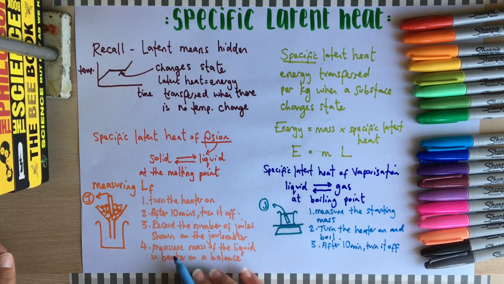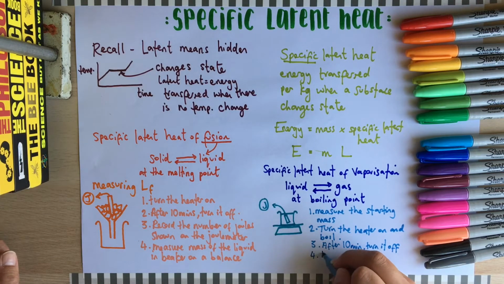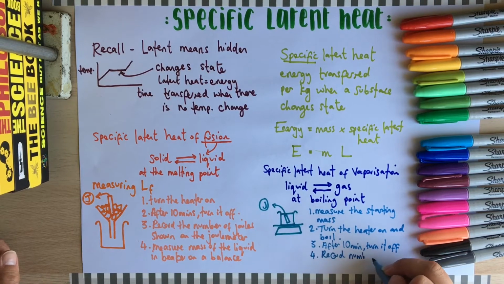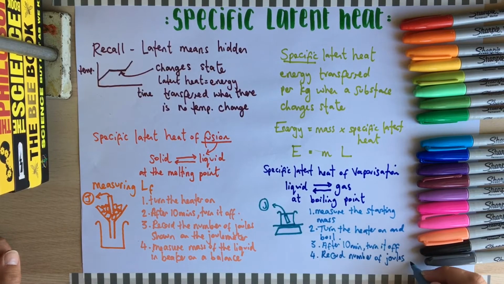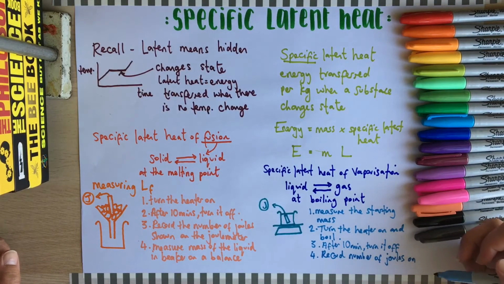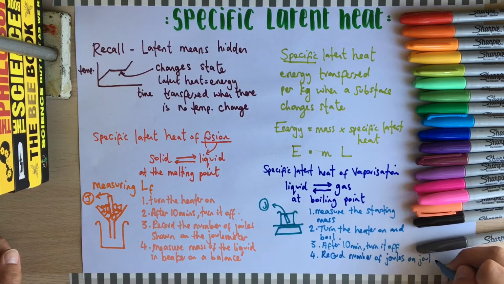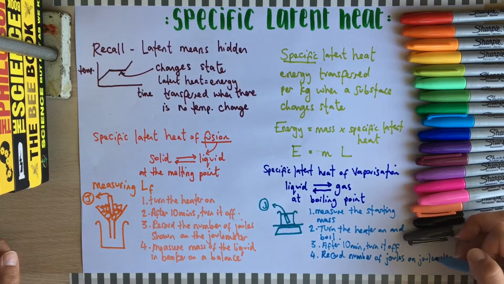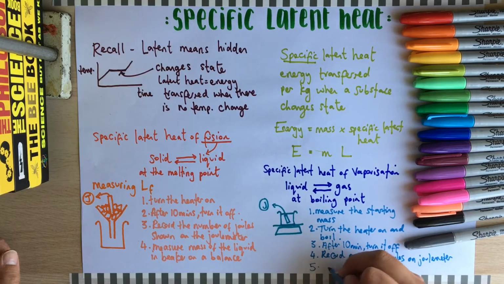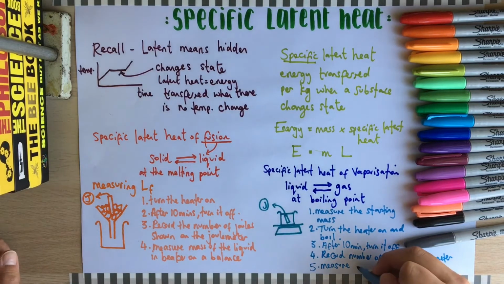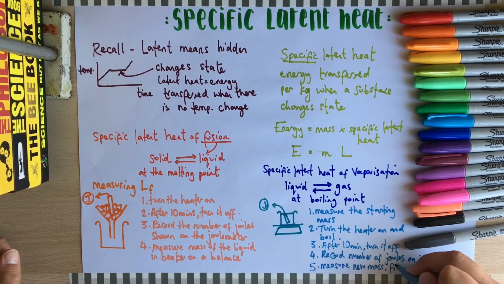And then it's going to be very similar to this. We're going to record the number of joules on the joule meter. Measure the new mass. So see what it says on the balance. And then we would find the difference.